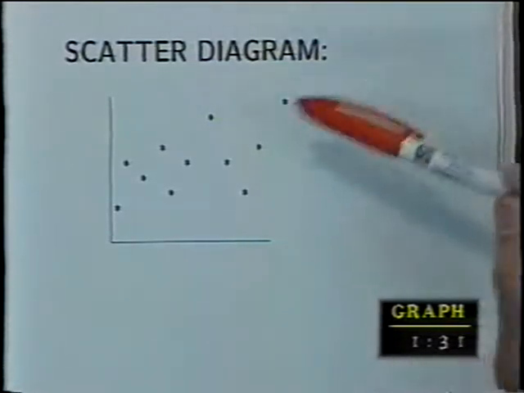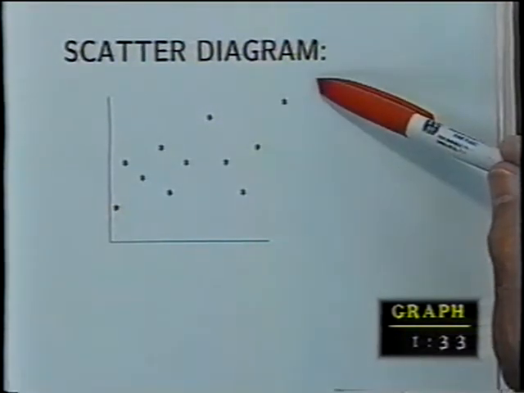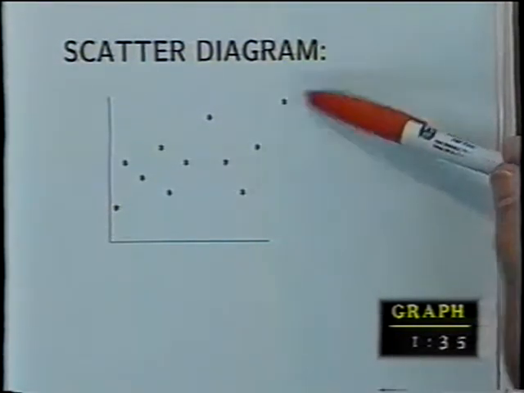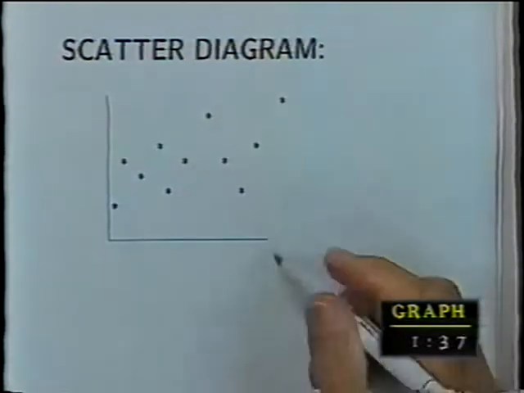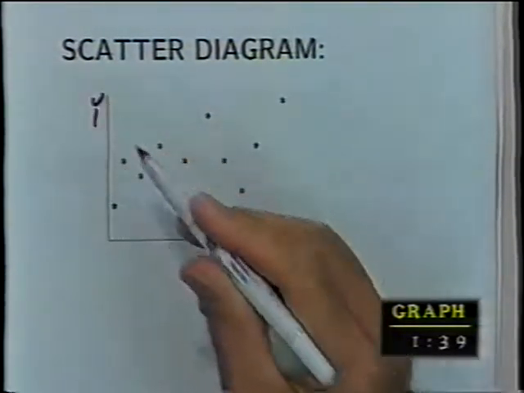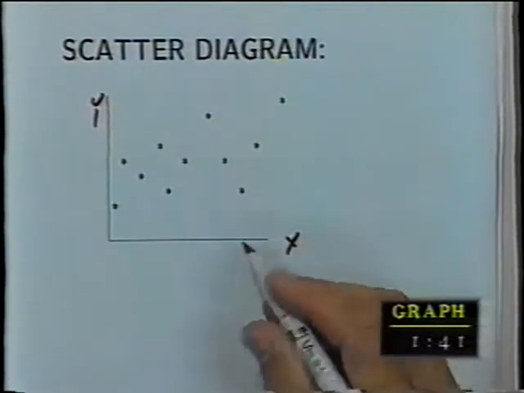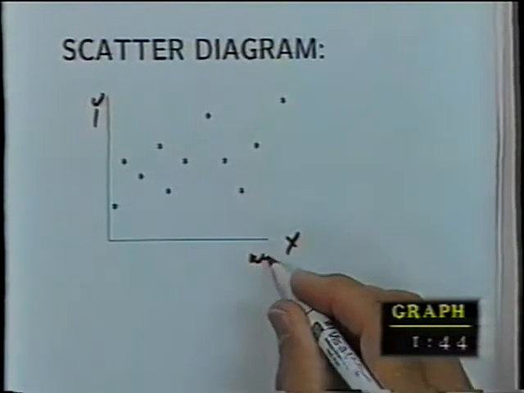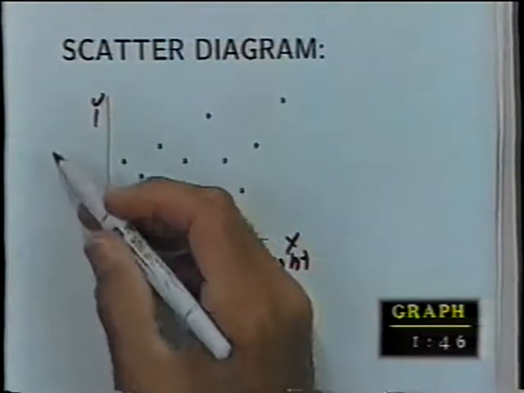This is a picture of what's called a scatter diagram. And it represents data that have two variables, say x and y, and maybe this is weight, and this is height.